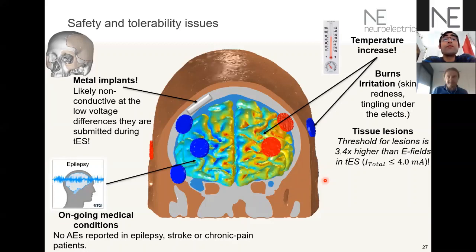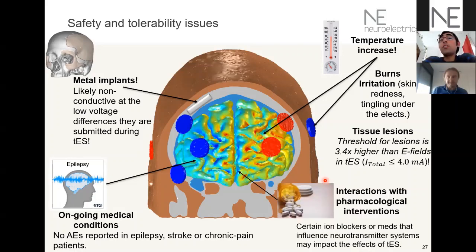Finally, of course, if you're using tES in patients that have ongoing medical conditions like epilepsy, stroke, or chronic pain, there's always a possibility of some side effects, even though none have been reported in tES so far. But these techniques should always be performed in the presence of a clinician.